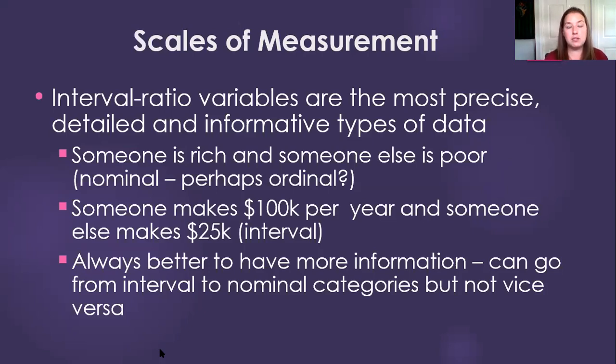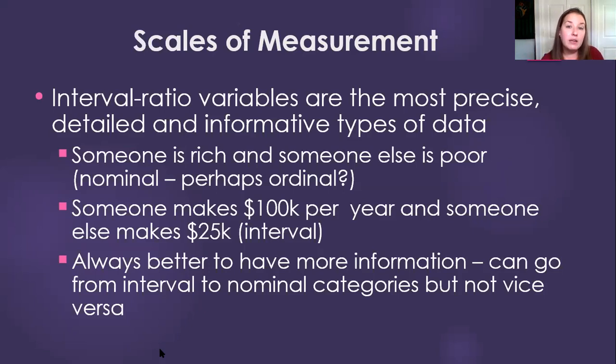However, one of the most commonly used measures for socioeconomic status is annual income. If instead we asked, what is your household annual income? This is now an interval level variable because we can quantify or measure the exact distance between different people's responses, between categories. One household income that is $100,000 a year is $50,000 more than a household income that's $50,000 a year, right? So it's always better to have more information in these ways.